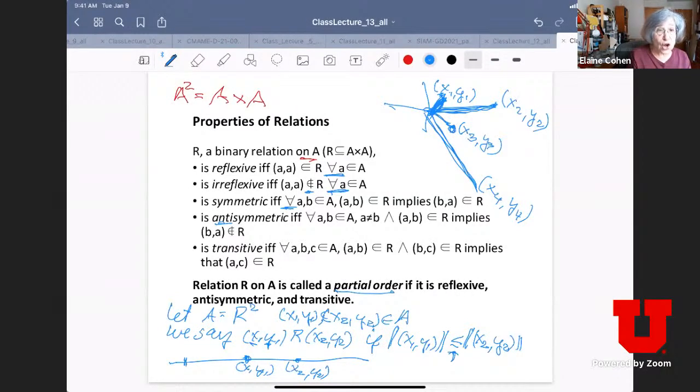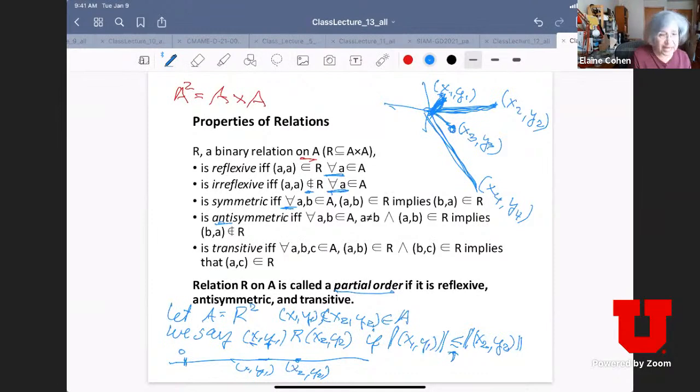And the answer is no. Let's say it's R plus, so it's only the positive side.